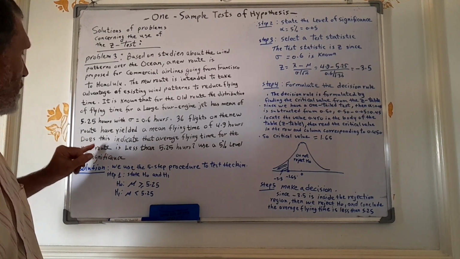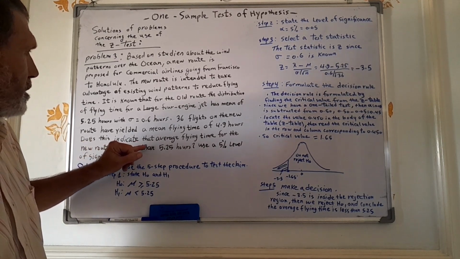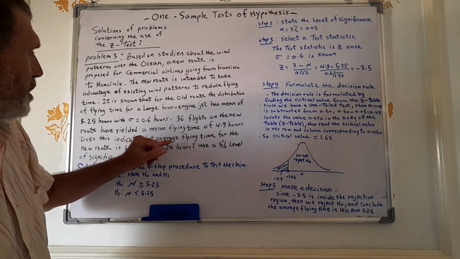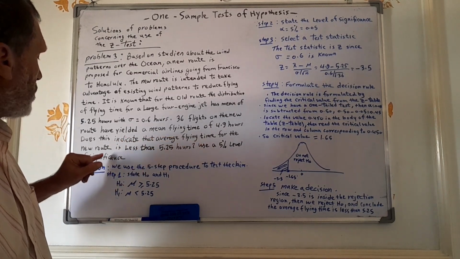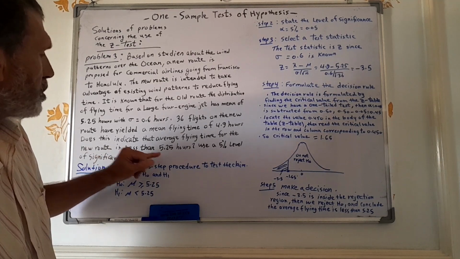The question is, does this indicate that the average flying time for the new route is less than 5.25?